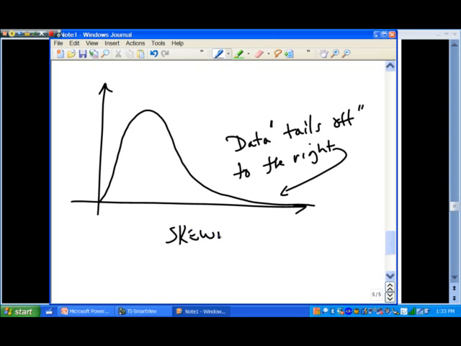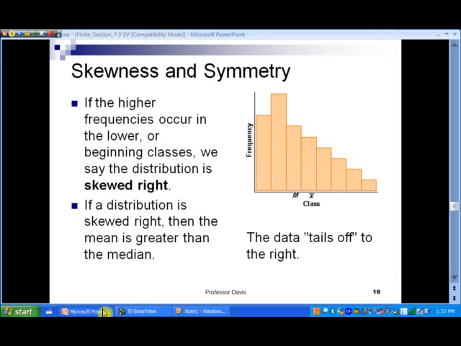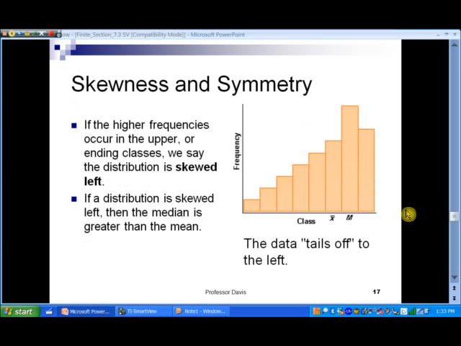All right, so remember what we're thinking about here. This is skewed right. So we can see that the skewness is determined by the direction of the tail and not where the bulk of the data is.